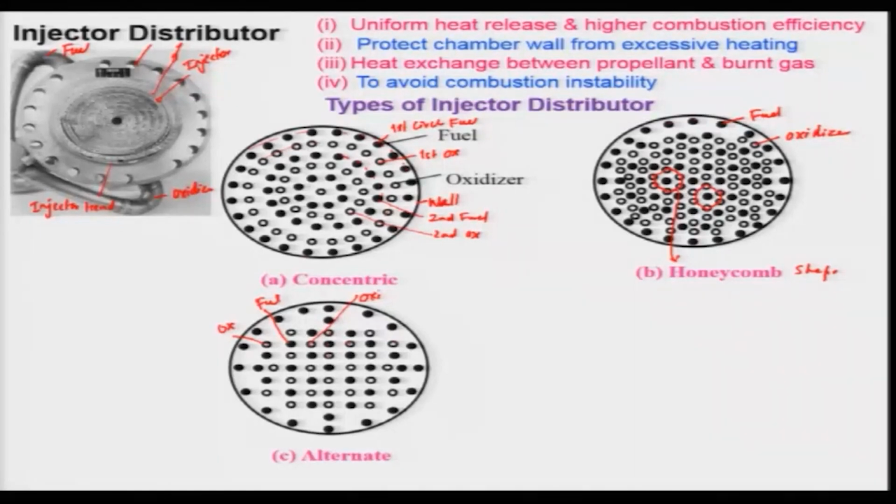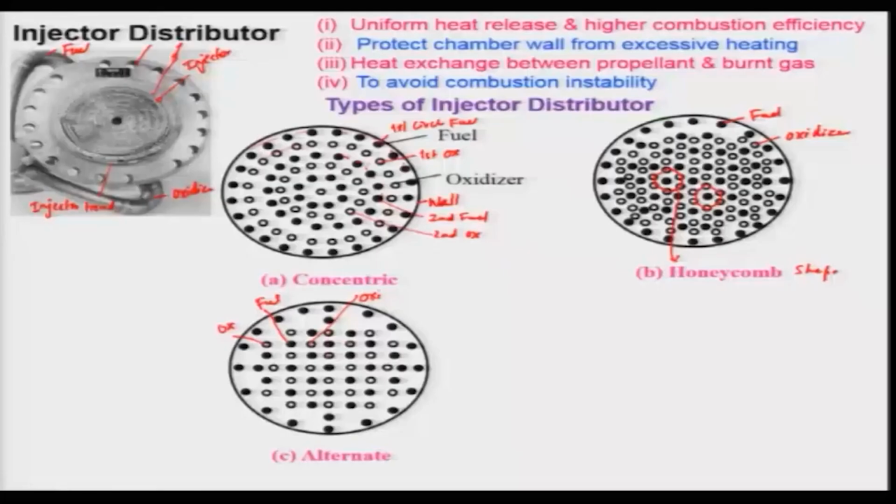Similarly, here also it is alternating, and of course you will get better mixing as compared to the concentric, but the number of injectors per unit area is much lower as compared to the honeycomb and also the concentric. So, whenever you have a high heat release, generally people go for honeycomb or maybe concentric, because honeycomb is the best one. However, alternative has lower density, but it also gives better combustion, because the mixing is better and uniformity is also maintained.